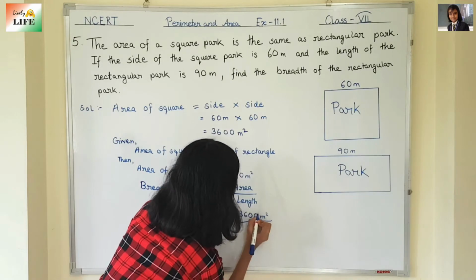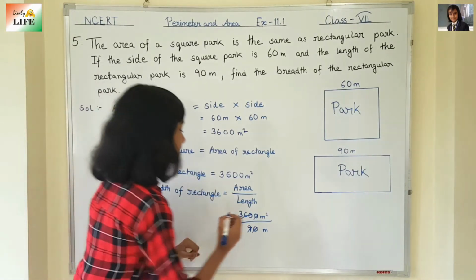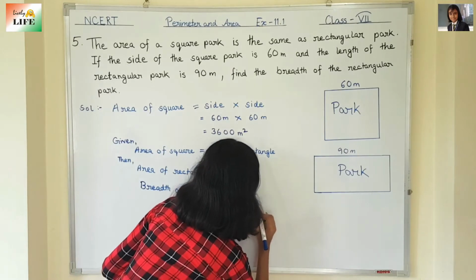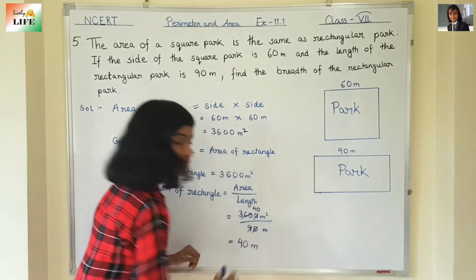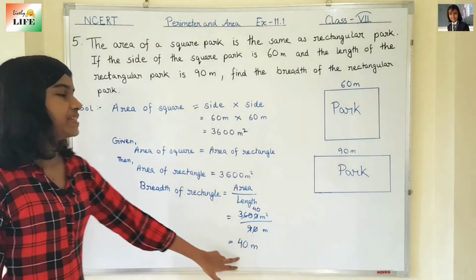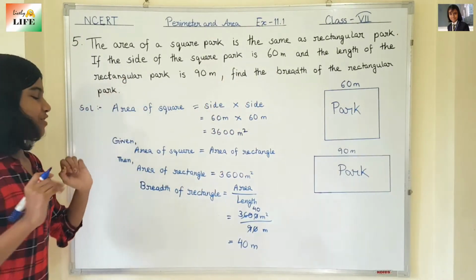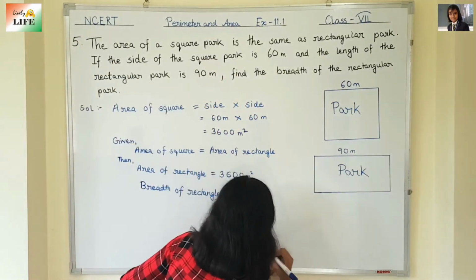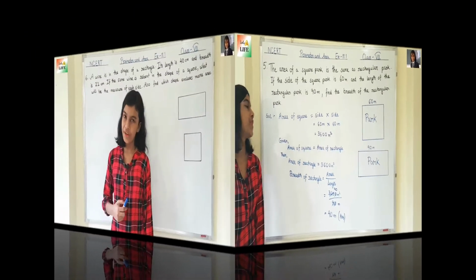So 0 will be cut. 9 4s are 36, right? And then 0. So 40 meter. This is breadth. It will not be meter square, it will be meter. So what is the breadth? It is 40 meter. It is telling find the breadth of the rectangular park. We have already found out it is 40 meter. 40 meter is the answer.